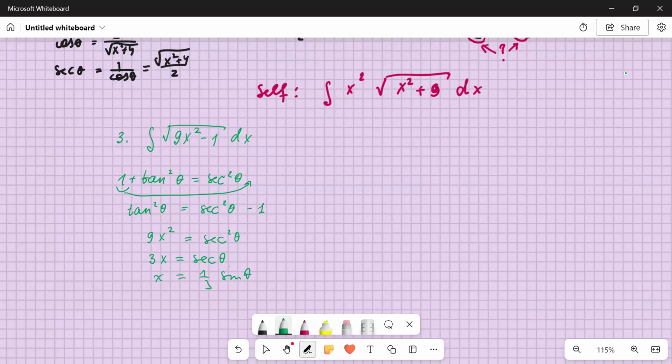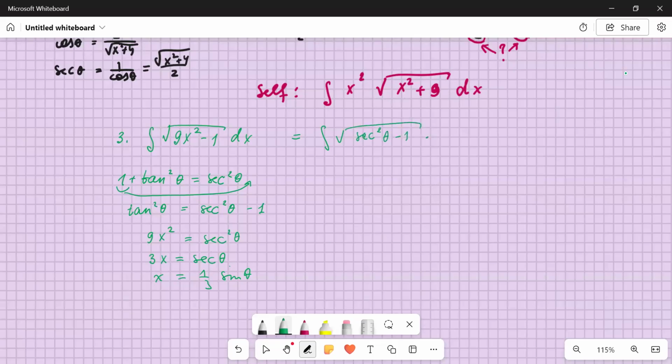And we are ready to convert our integral to our new variable. So instead of a square root, I already converted this one to secant. This one is going to be secant square of theta minus 1.